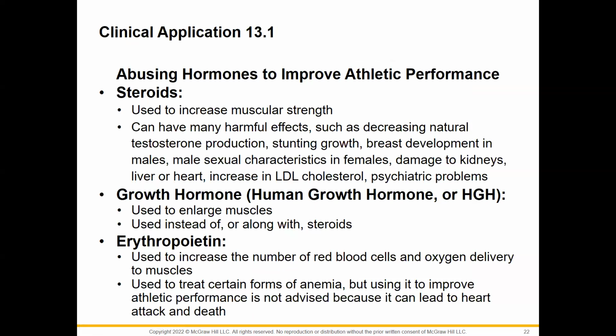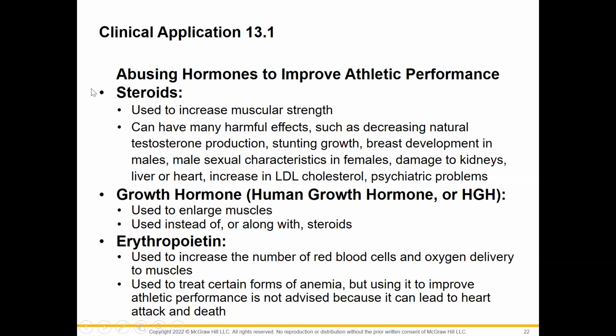All right, so clinical application. Let's talk about how this can work in the body. Sometimes you hear talk of people abusing steroids in order to improve some type of athletic performance, or using hormones.